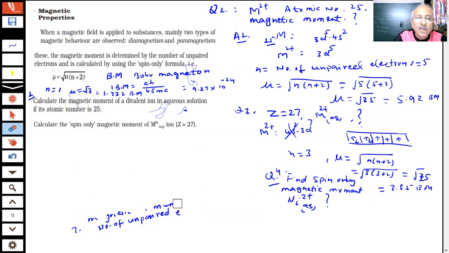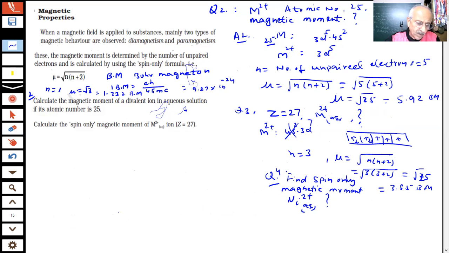It will be 2.828. How many unpaired electrons are there, students? Two unpaired electrons are there.